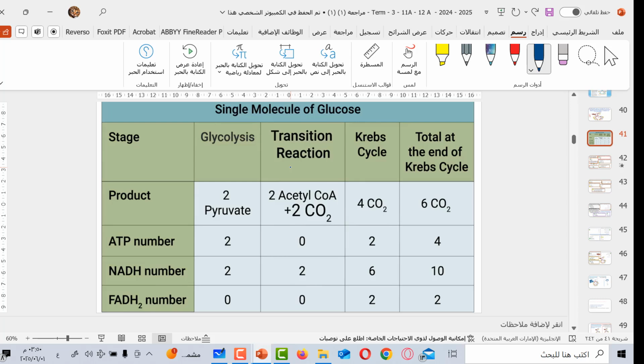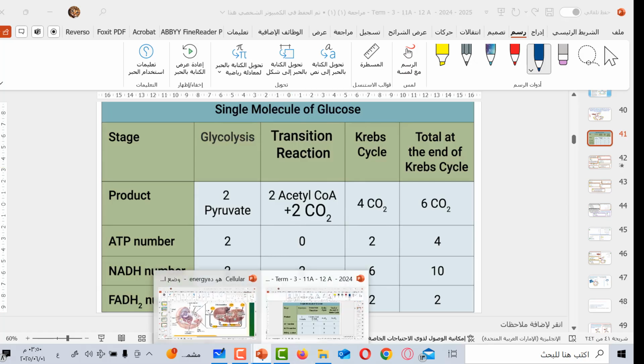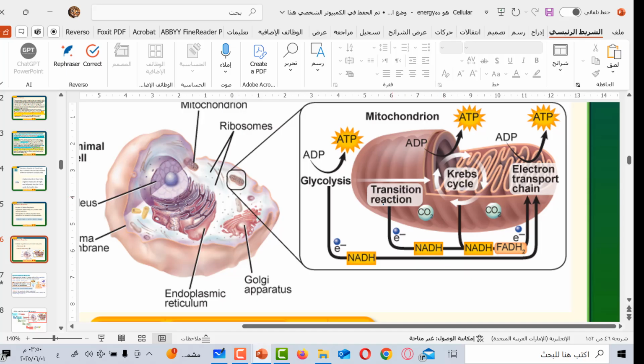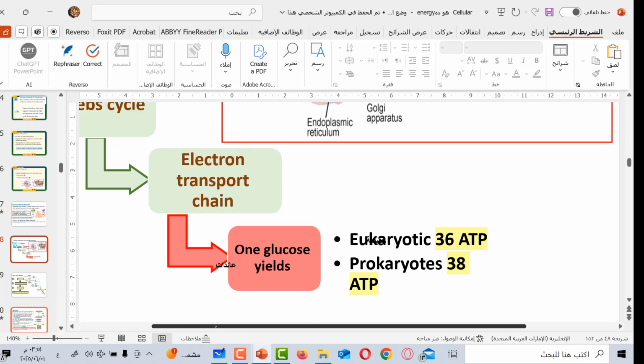Where does it happen? The transition reaction happens in the mitochondria, in the same place as the Krebs cycle, I think. Let's see where. Yes, here.